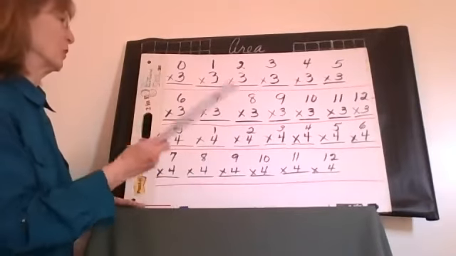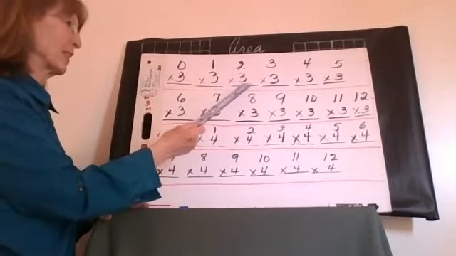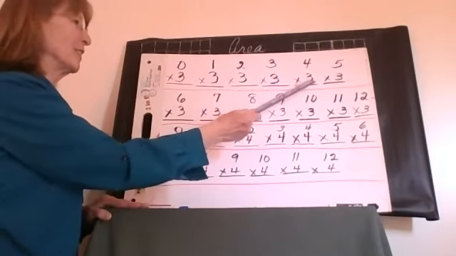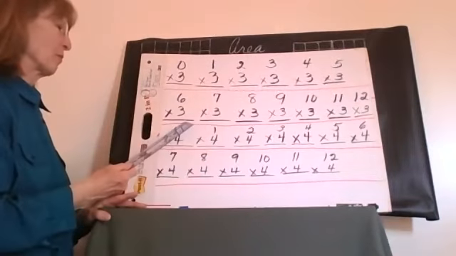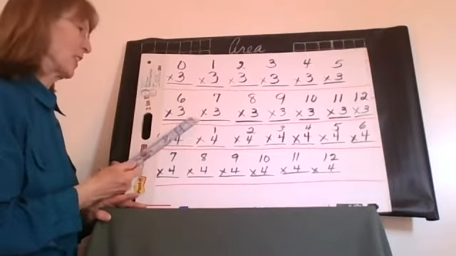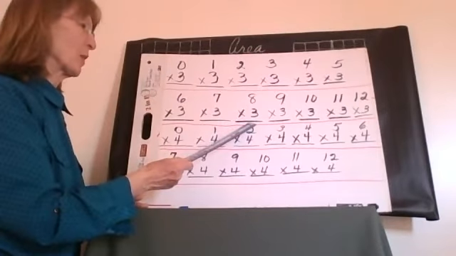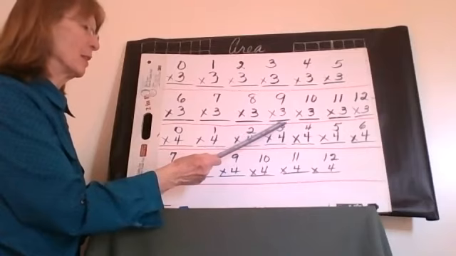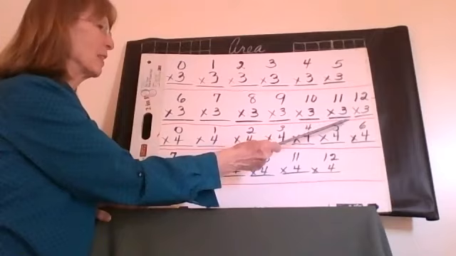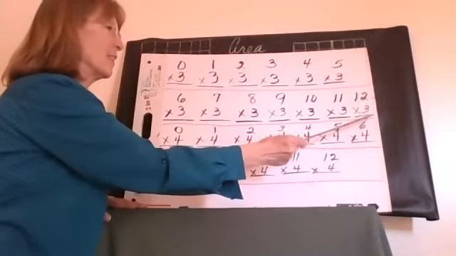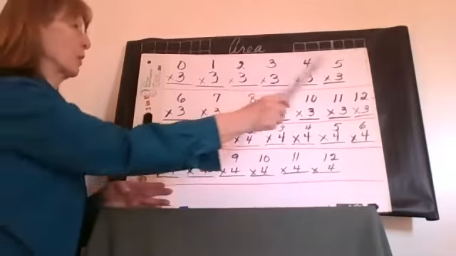Let's see what you can do. 0, 3, 6, 9, 12, 15, 18, 21, 24, 27, 30, 33, 36. All you had to do was count by threes.